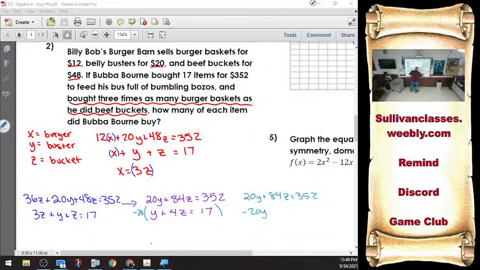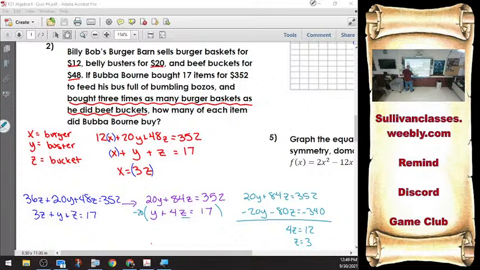Negative 20y minus 80z is a negative 340. Is it 340? Okay. So 4z is 12. Z is 3.